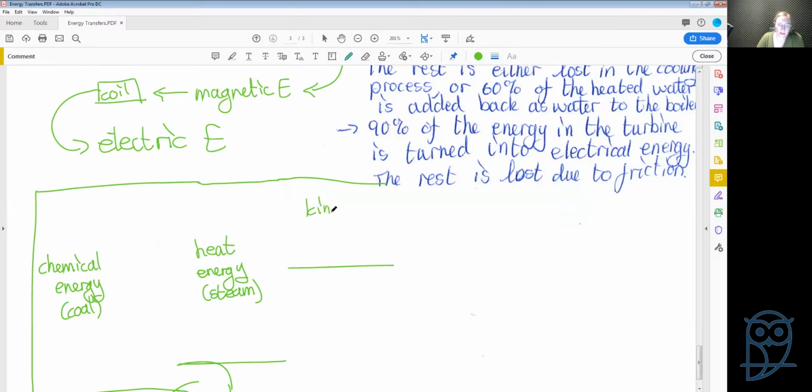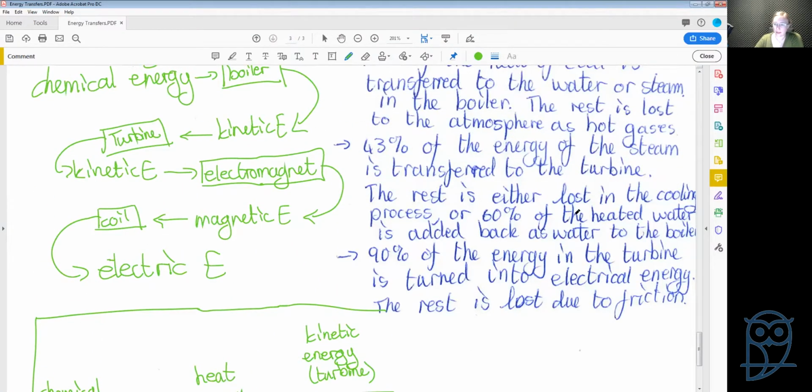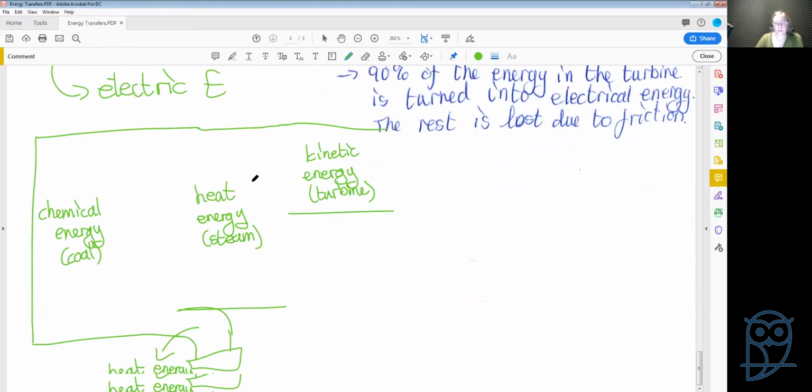So here we've got kinetic energy. This is our turbine. Okay, the rest is either lost in the cooling process or 60% of the heated water is added back as water to the boiler. So here, of this part, 60% of it, so that would be slightly more than half, gets added back to the boiler to be used again.